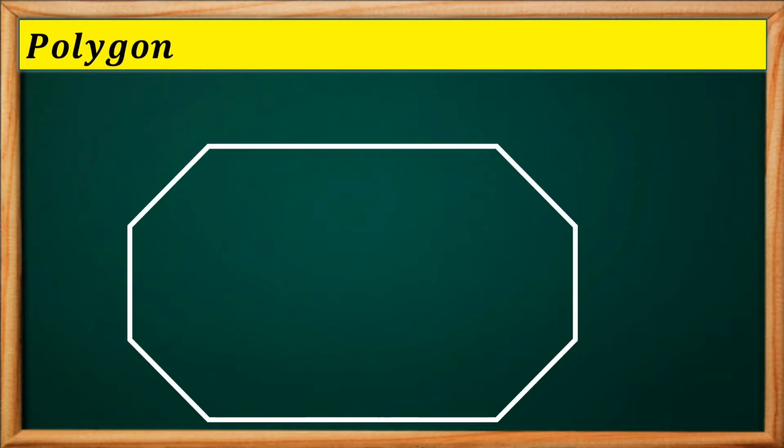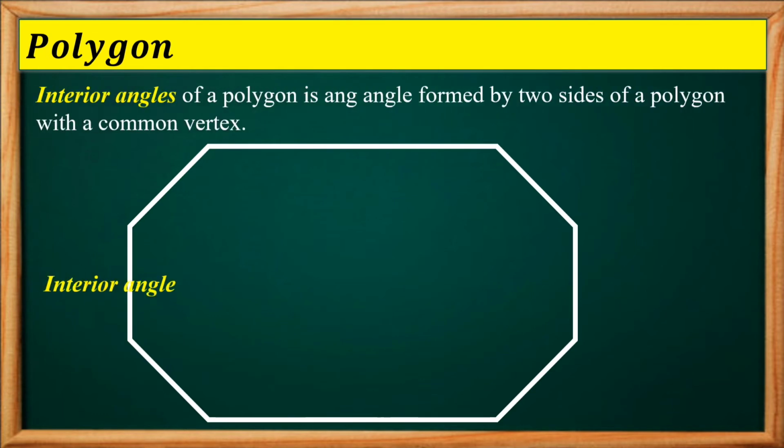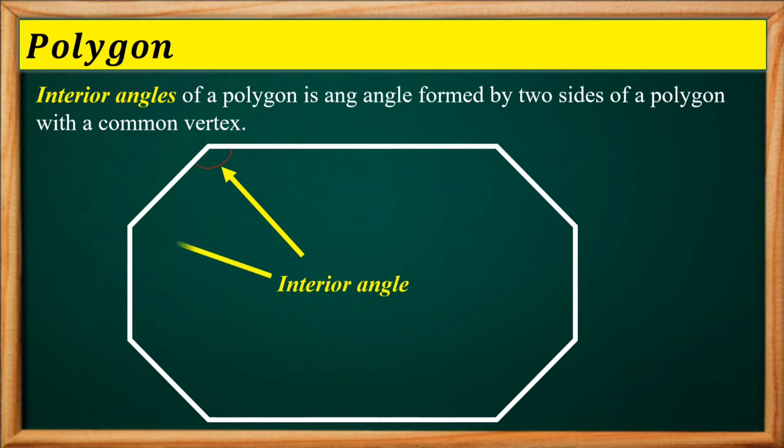Now, on this polygon, the interior angles, siyempre, kapag sinasabi nating interior, nasa loob. Lahat ng yan, because we have here the vertices. Now, how many vertices do we have? Well, let's count the sides. 1, 2, 3, 4, 5, 6, 7, 8.